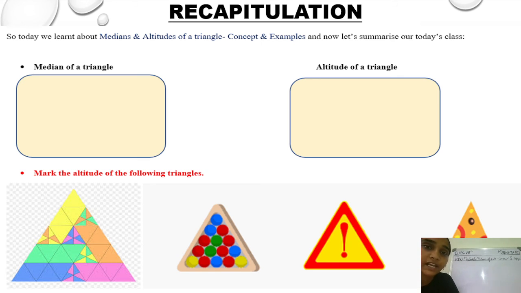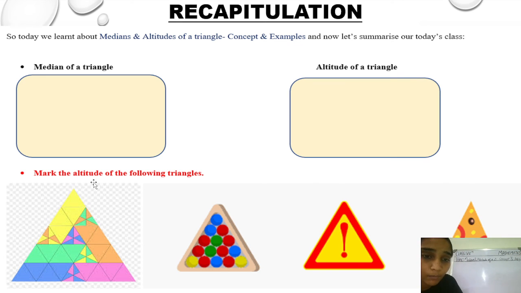Yes, median of a triangle is the line which is joining from a vertex to the opposite side of the vertex, and it is the midpoint of that side. And what about the altitude of a triangle? Yes, altitude of a triangle is the perpendicular line which is drawn from a vertex to the opposite side.